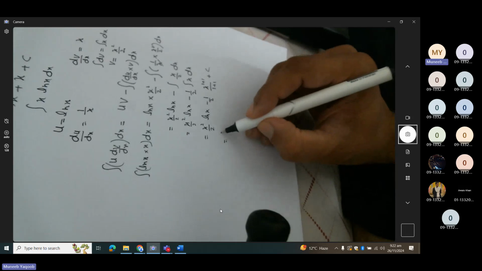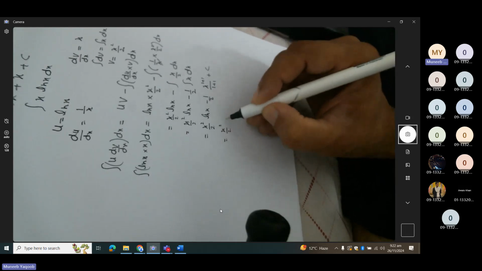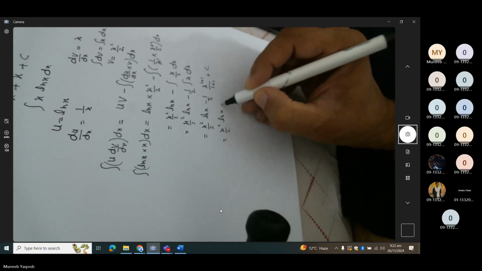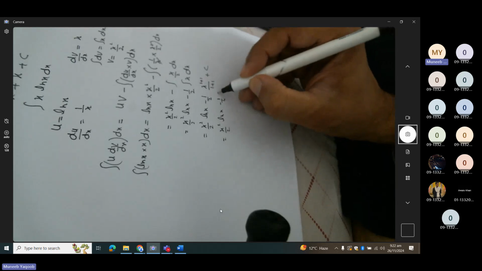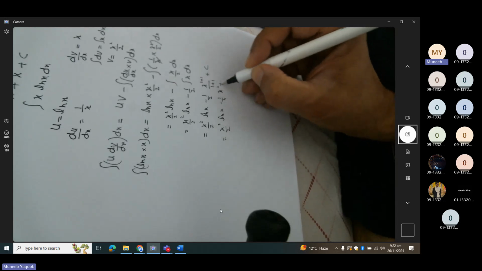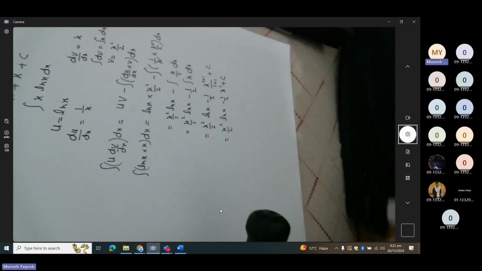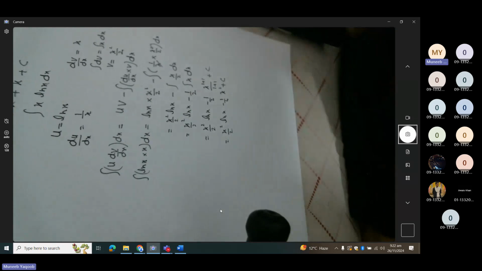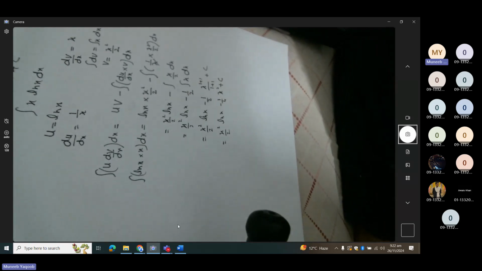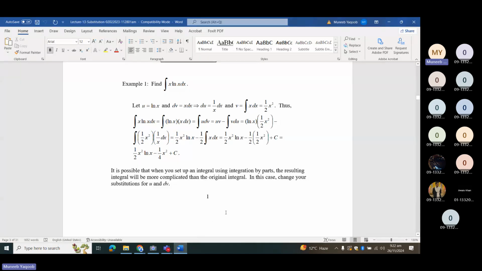So it will become x square upon 2 ln of x minus 1 upon 4 times x square plus c. So it will be our final answer. Okay. Now if we confirm this answer from the answer sheet, you can see that the answer is also x square upon 2 ln of x minus 1 upon 4 x square plus c.